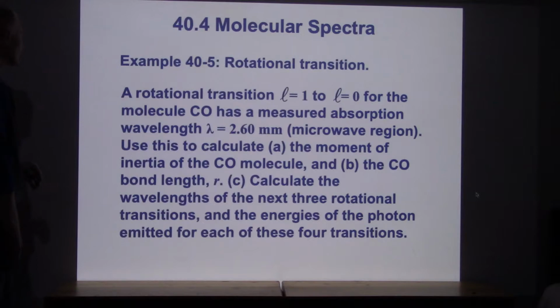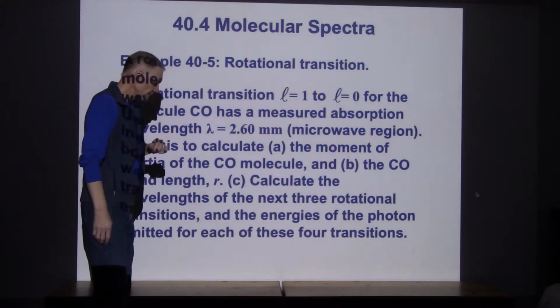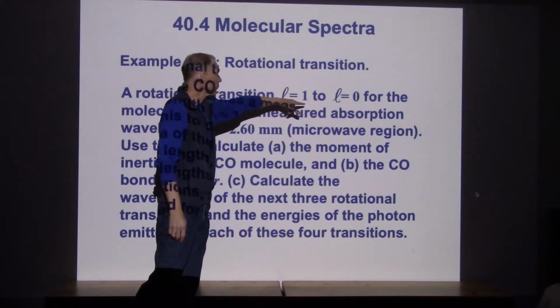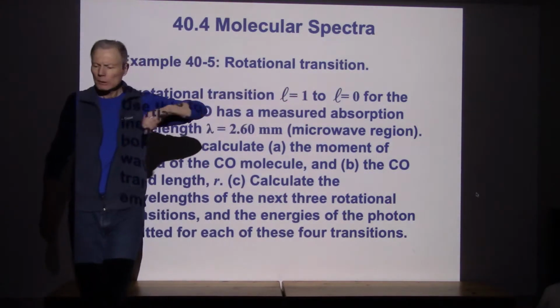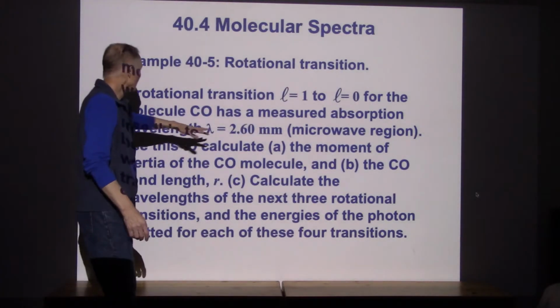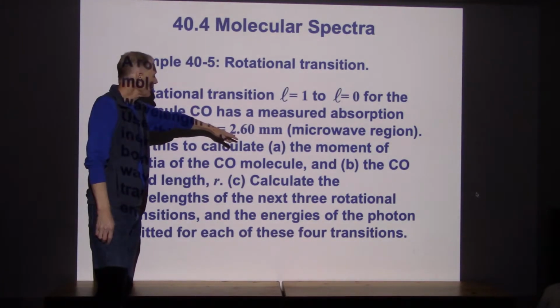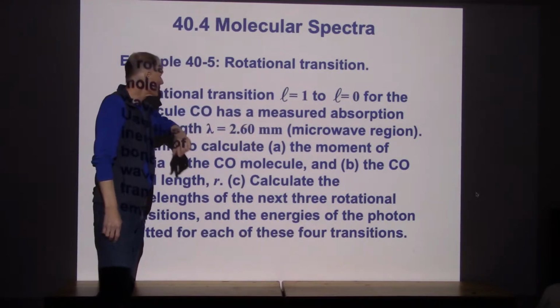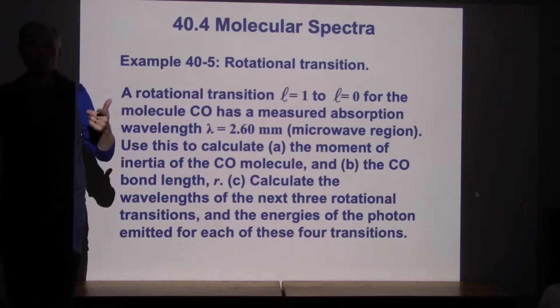They've told us this information. When we take our sample of carbon monoxide into the lab, be careful, don't inhale that, we find that at a wavelength of 2.60 millimeters in the microwave region, we see this absorption take place.